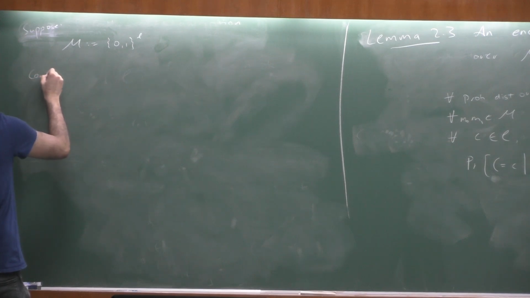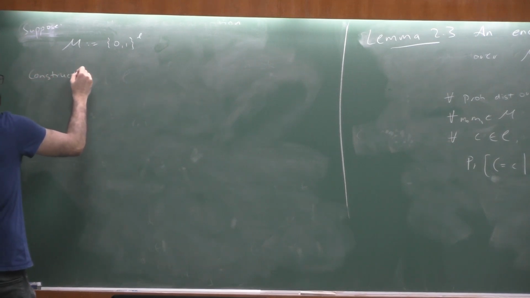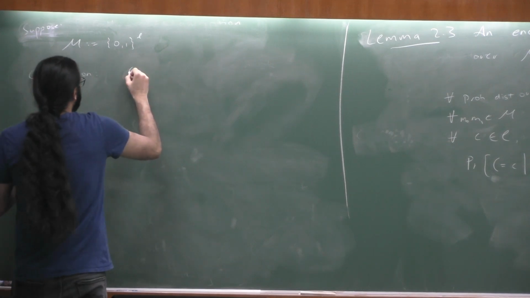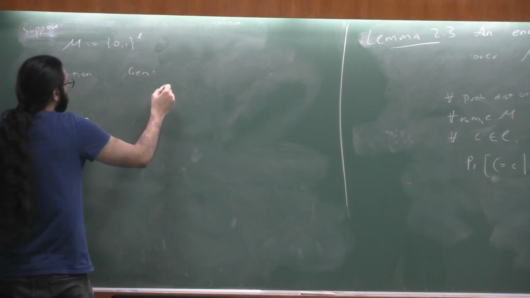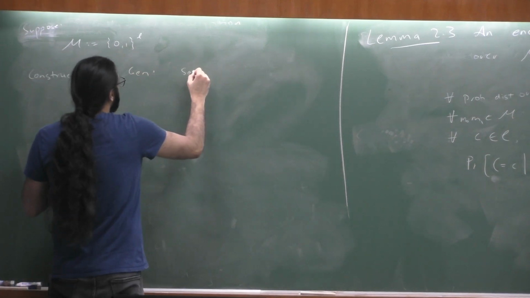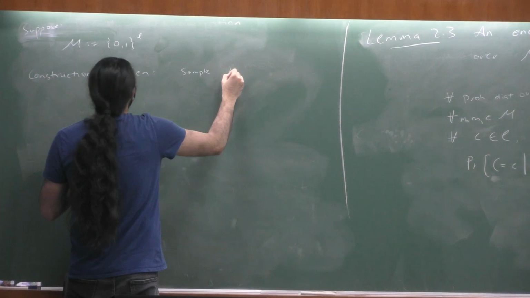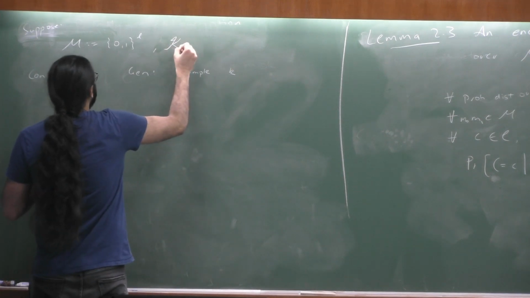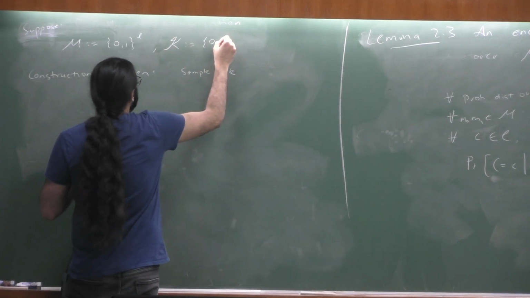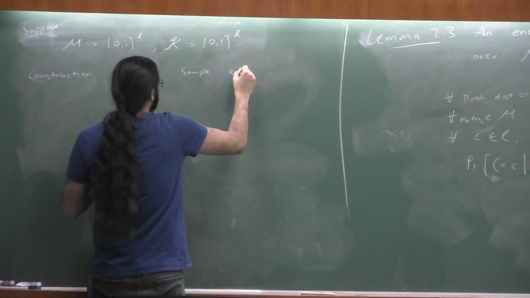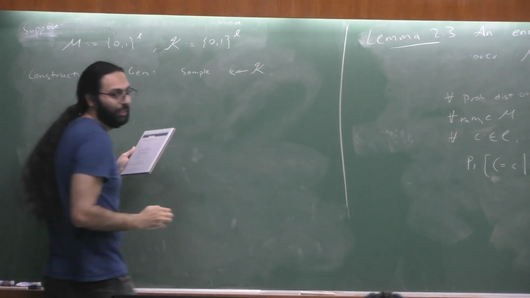Then the construction is as follows. Gen is going to sample a k, and let's also specify the key space to be {0,1}^L, so it samples a k from the set of all keys.